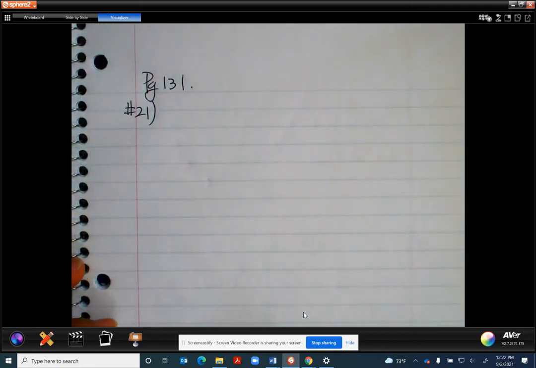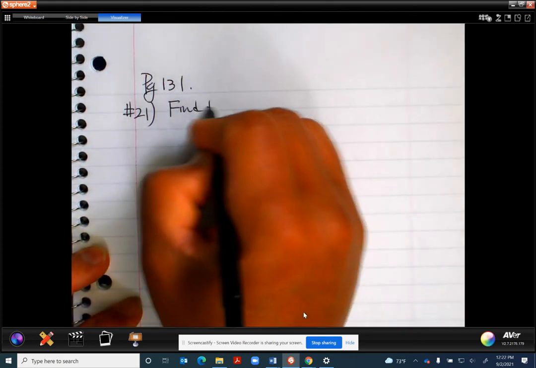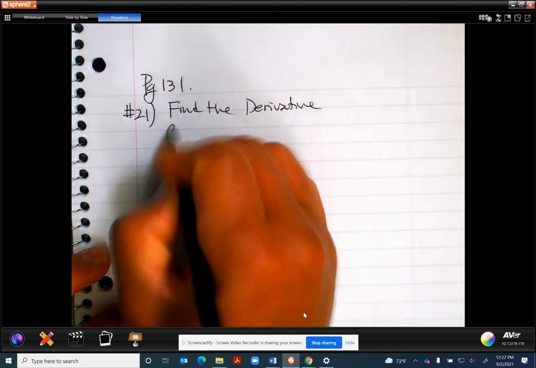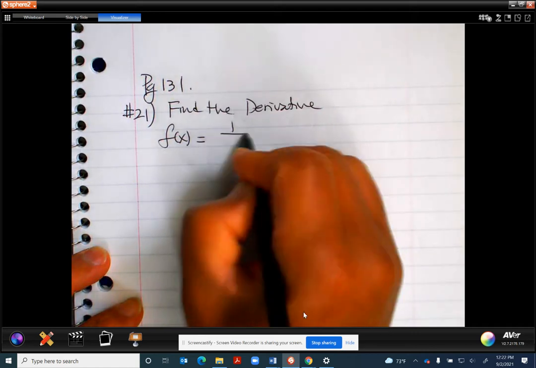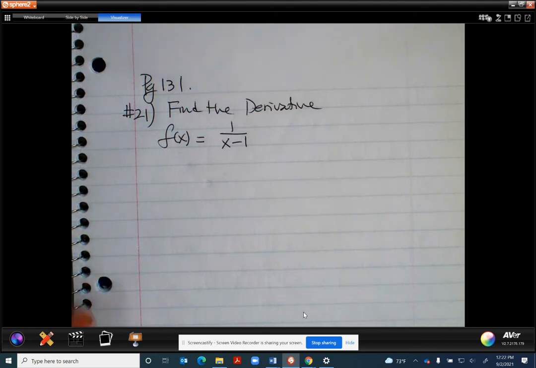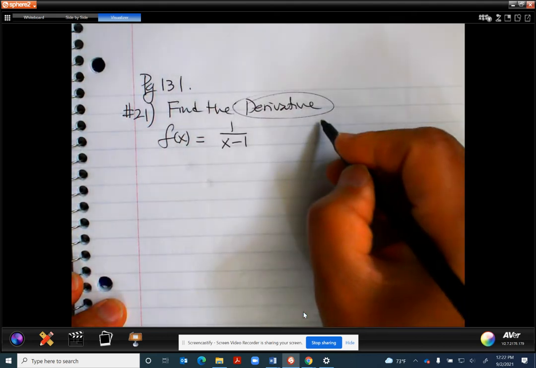Read the direction. What do they want you to find? It says find the derivative of f of x is equal to 1 over x minus 1. Alright, so derivative is what formula?